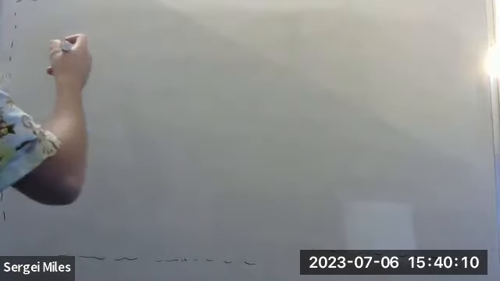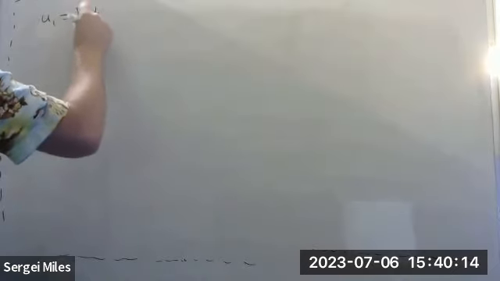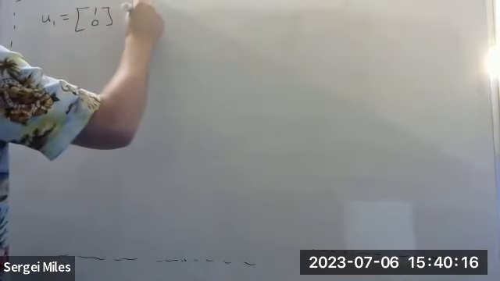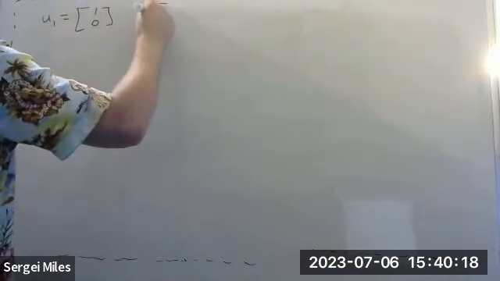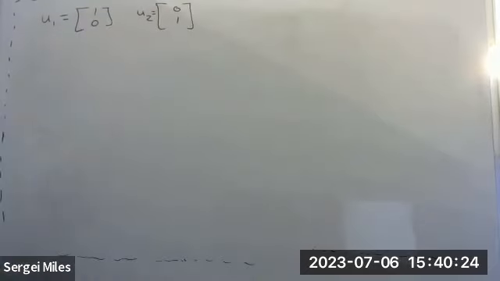Okay, so let's see some examples. In particular, let's say u1 is the vector (1, 0), and u2 is the vector (0, 1).